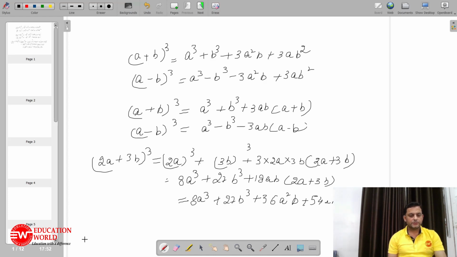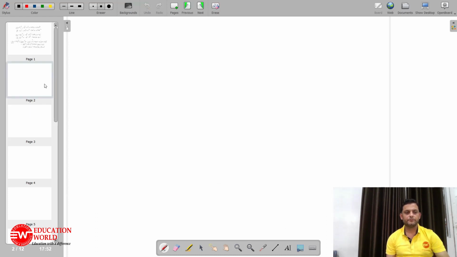Now how will we relate square and cube? Let us see that one. Suppose they have given you the square as 23 and they are asking about the cube. Fine.